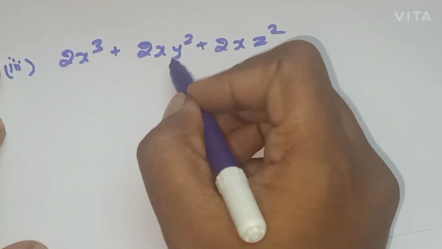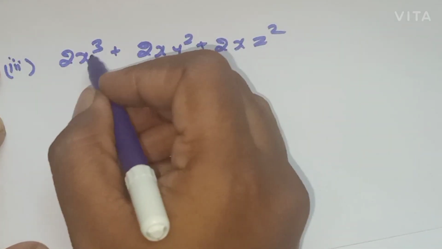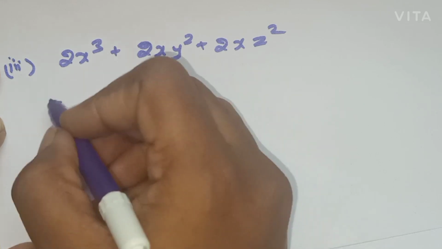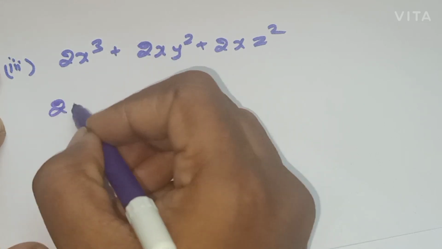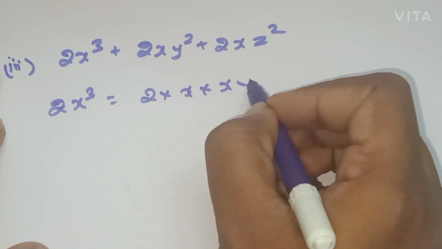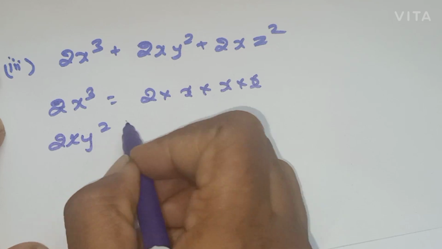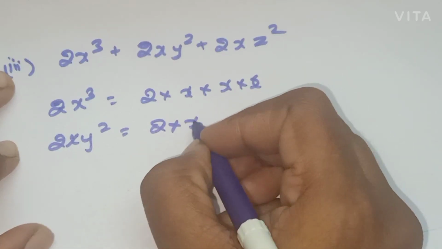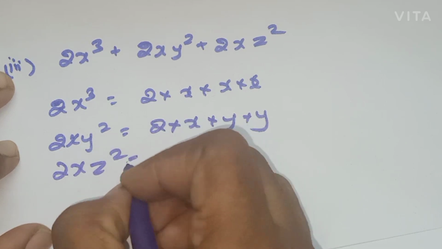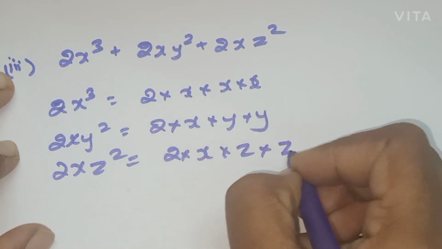Subdivision 3, 2x cube plus 2xy square plus 2xz square. So here consider 2x cube. We can write it as 2 into x into x into x. 2xy square, 2 into x into y into y, and 2xz square we can write it as 2 into x into z into z.